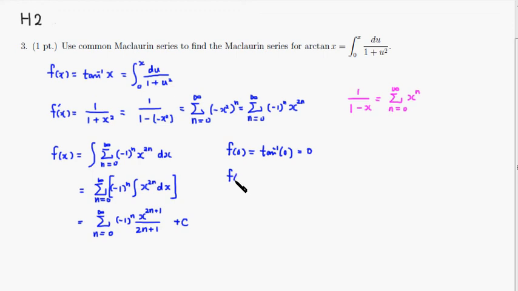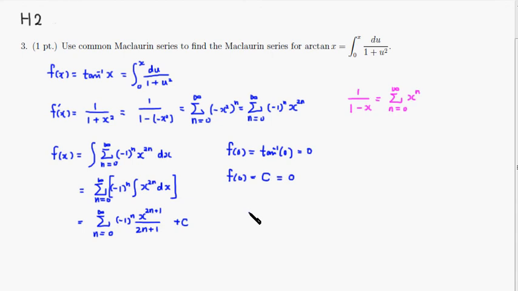If you plug in 0 here, starting from n equals 0, there's x to the first power, and the second term, third term, and so on all have x in them. So if you plug in 0, all terms are 0, and you're left with c. But f of 0 is supposed to be 0, so c is actually 0 in this case.